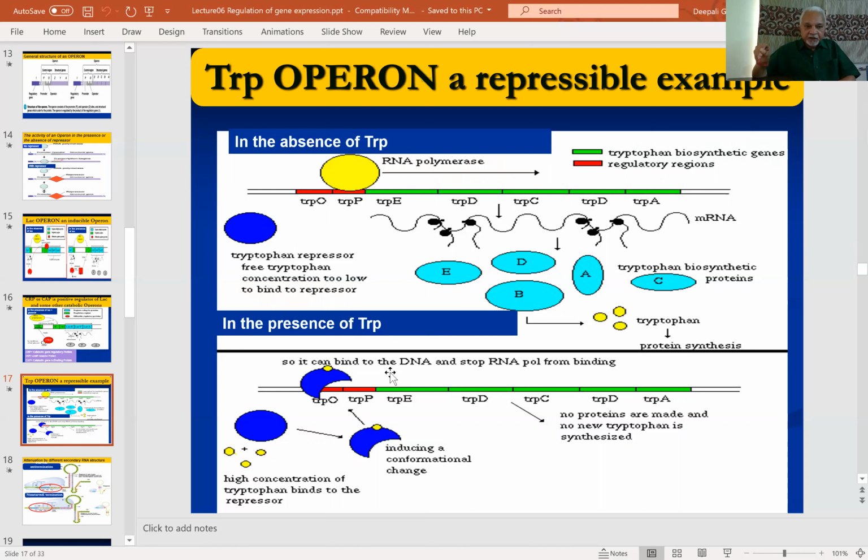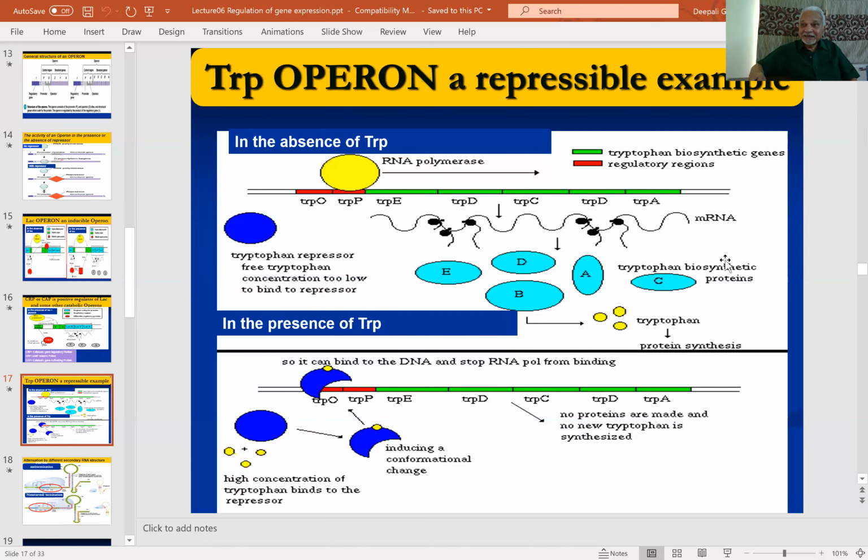So what happens here? So long as there is tryptophan available in the cell, this is kept under check. This doesn't express. Once the concentration of tryptophan goes down and the cell needs tryptophan to be made, then this operon starts expressing.